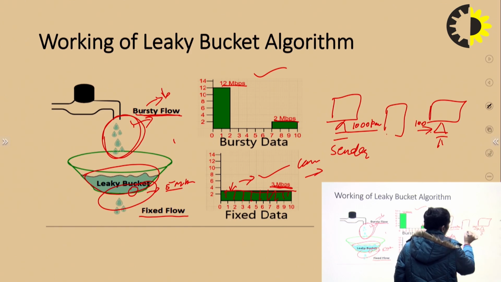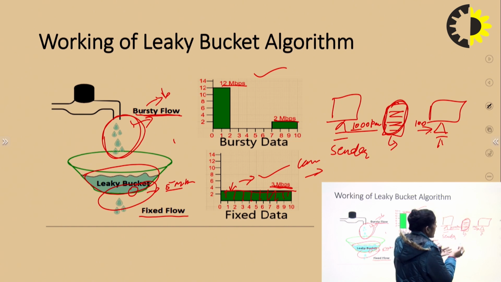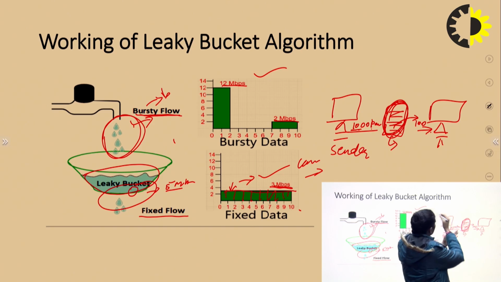So in between we are fixing a particular approach in which the incoming data is stored in this buffer. This memory buffer is provided by the network administrators, right? And this particular data is stored here, and from here a particular data rate is fixed by this algorithm. Whatever algorithm is working, we are mainly talking about the leaky bucket algorithm.